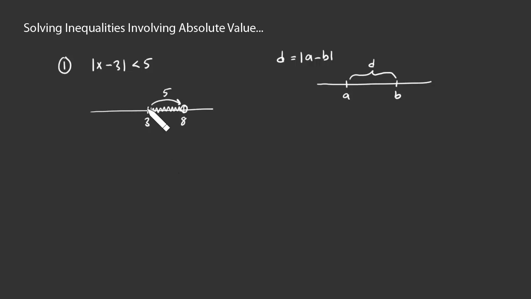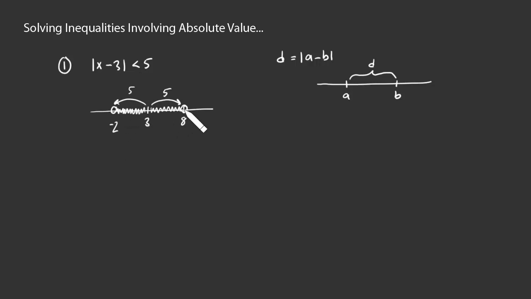And I can go no more than 5 units backwards from 3. So all of these guys here, they don't go any more than 5 units backwards from 3. They're all solutions as well. But if I go back exactly 5 units, I see that we end up at -2. And because of this strict inequality, that one's not going to be a solution.